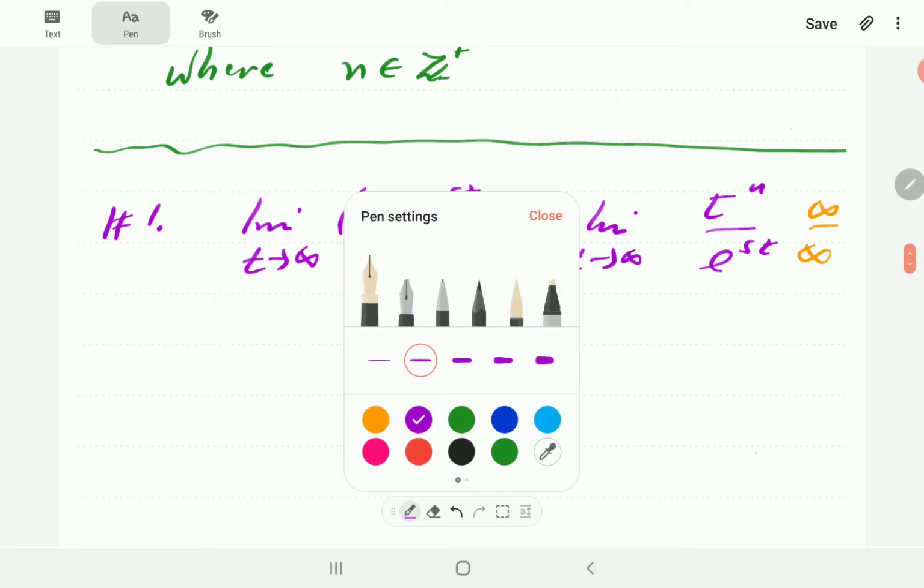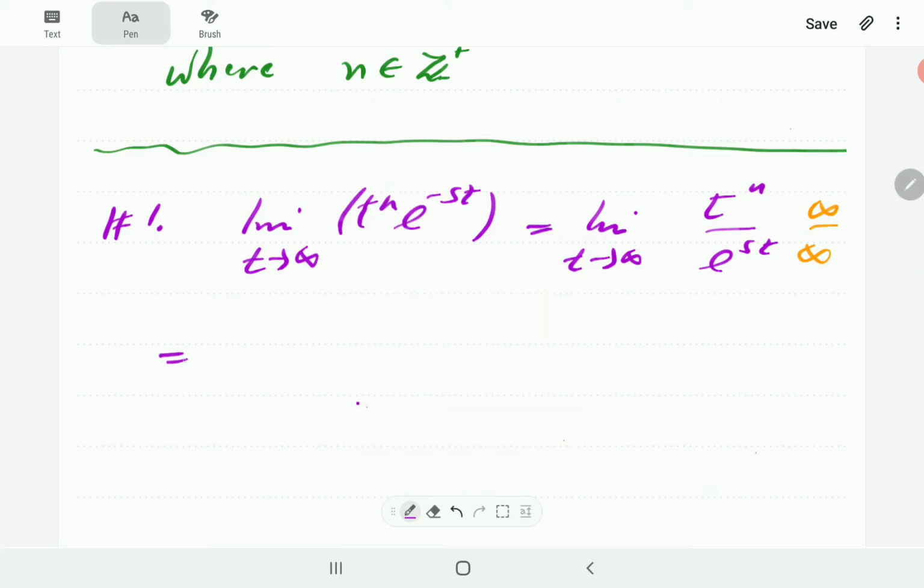So by L'Hopital's rule, when that happens, the limit can be obtained by differentiating the numerator and the denominator separately. So that means not using the quotient rule. So in this case, we're going to have nt to the power n minus 1 in the numerator. We're going to have se to the st in the denominator. So it's just applying L'Hopital's once.